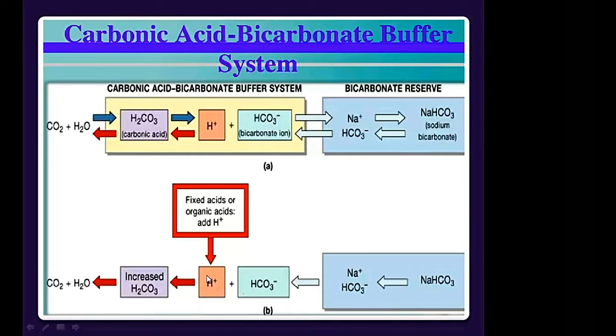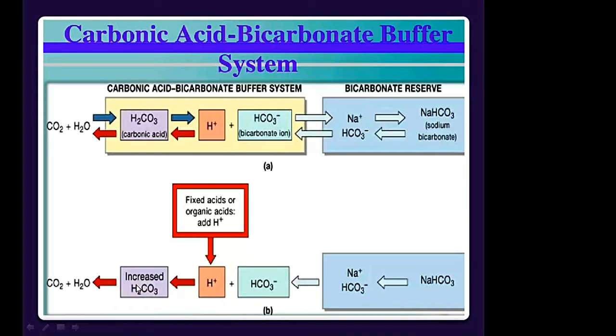This proton is produced from these reactions. Fixed acids or organic acids will add protons to the blood. So when excess proton comes here, bicarbonate comes from this sodium bicarbonate, and the bicarbonate and H plus ion interact. It is going to become the weak acid H2CO3, carbonic acid. Its concentration is increased here.